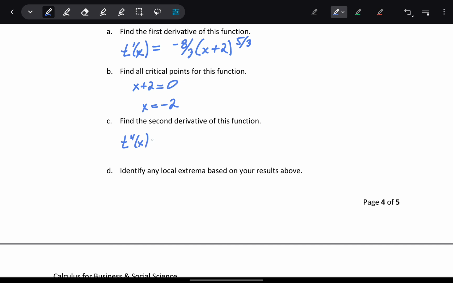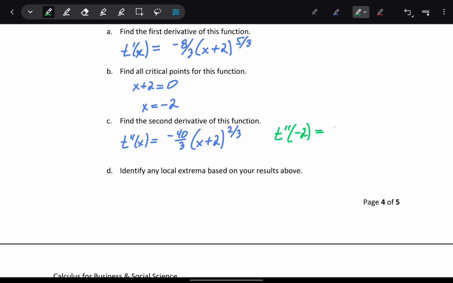We would find the second derivative of this function by applying the chain rule again, and we would get negative 40/3 times x plus 2 to the 2/3. And then we would evaluate t double prime of negative 2, which we can see inside those parentheses we would get negative 2 plus 2.